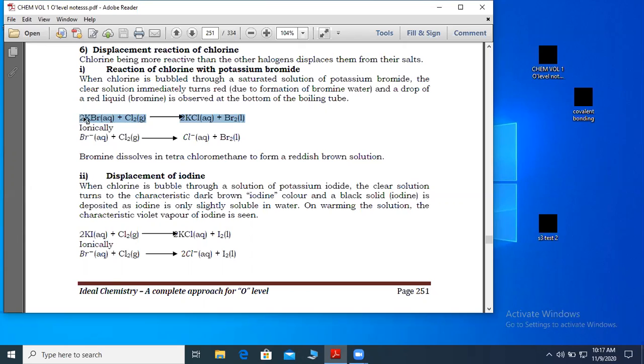If I have potassium bromide solution, we agreed this solution is purely colorless. I have potassium bromide solution which is colorless, and I add chlorine gas, then chlorine is going to displace the bromine and it will take its place.